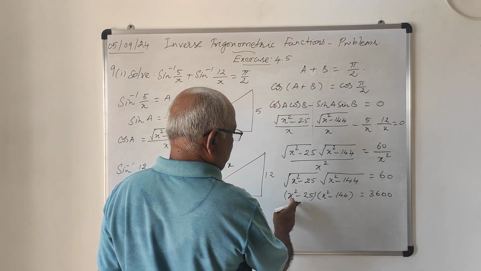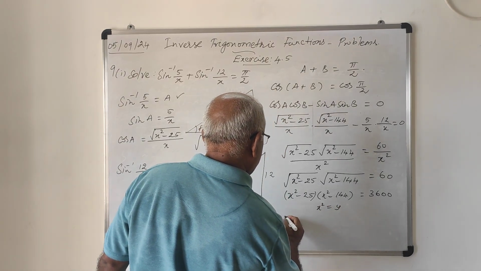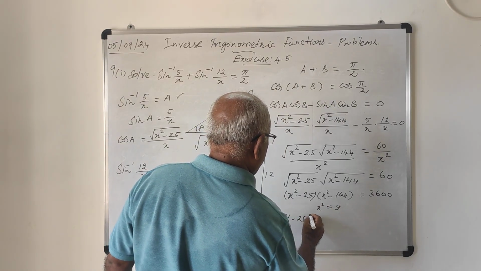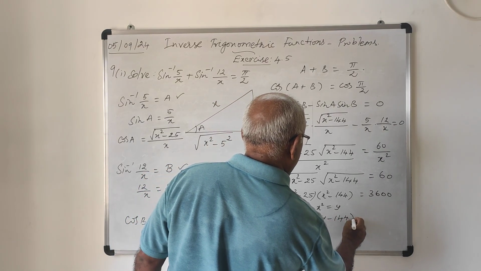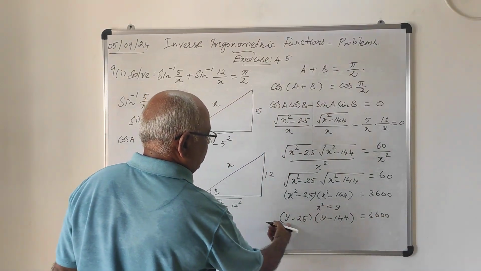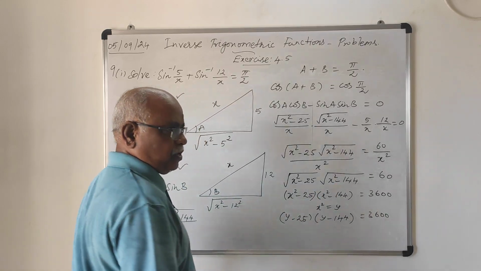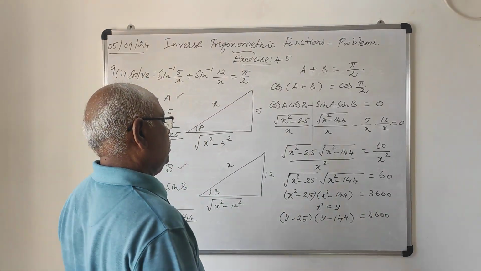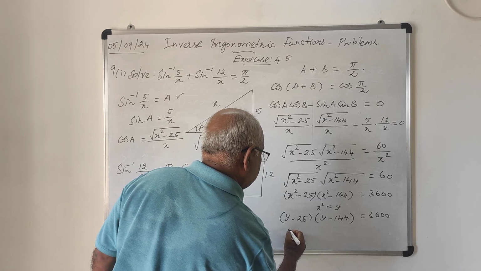Now multiply these two terms on the left hand side. Substitute x square equal to y. You will get y minus 25 into y minus 144 equal to 3600.